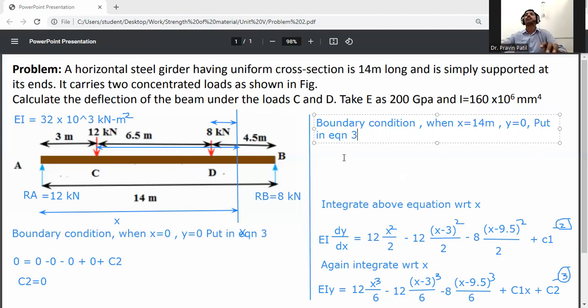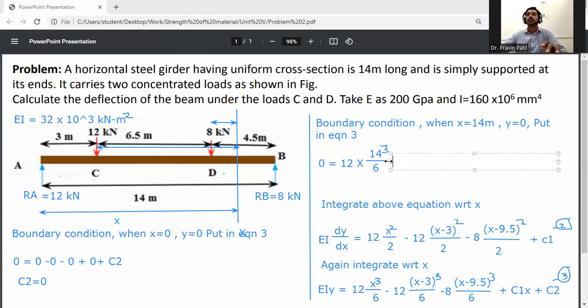Okay, so again, EI y0, it will be 0 is equal to 12 into x cube by 6, x it will be 14, 14 cube divided by 6.